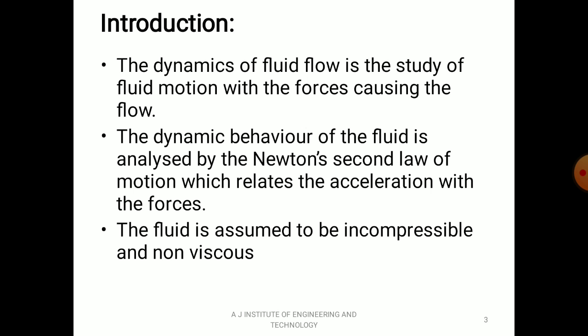We have to make some assumptions in deriving the expression. First assumption is incompressible, so density remains constant. We cannot compress the fluid, so density is not going to change. And non-viscous. Viscosity is a resistance to flow. Non-viscous means it is not going to offer resistance to flow of fluid.